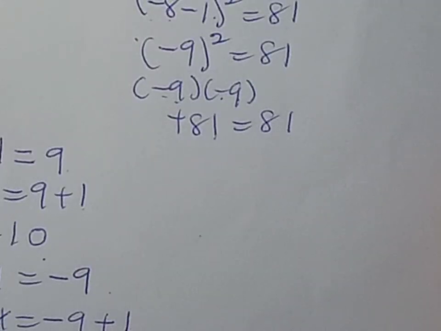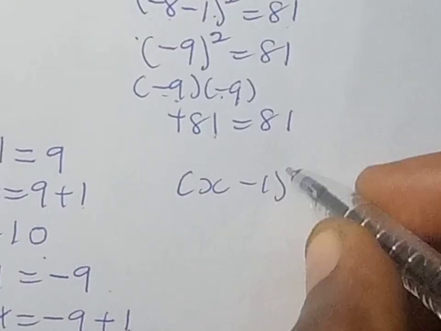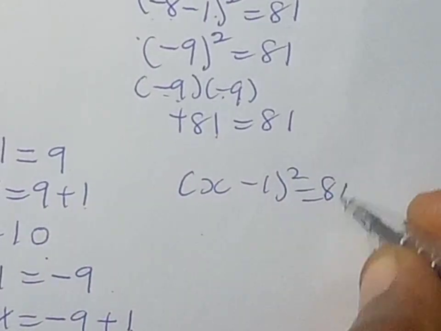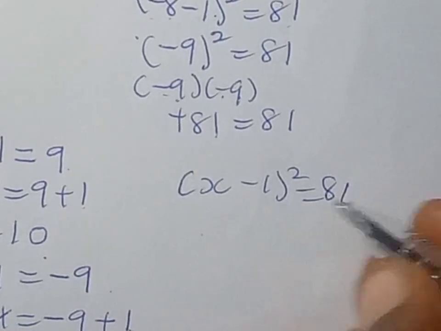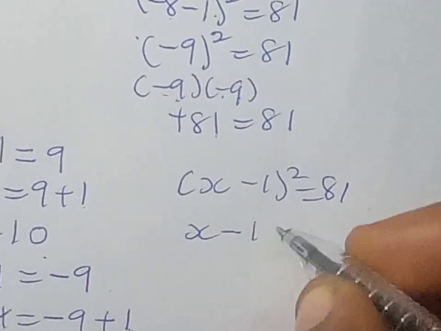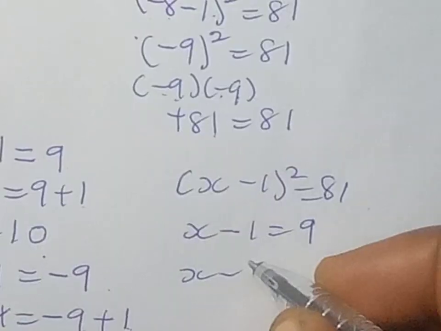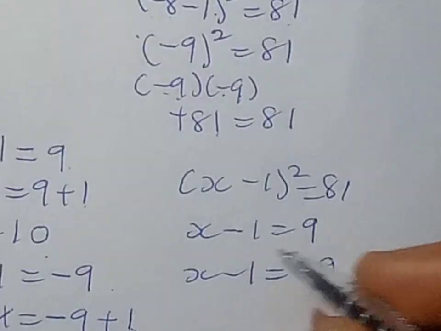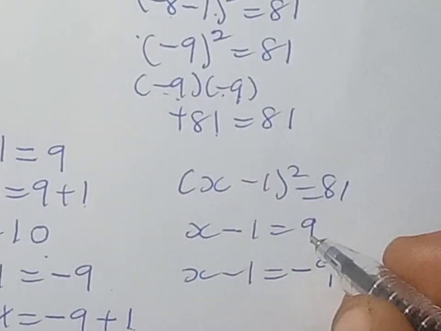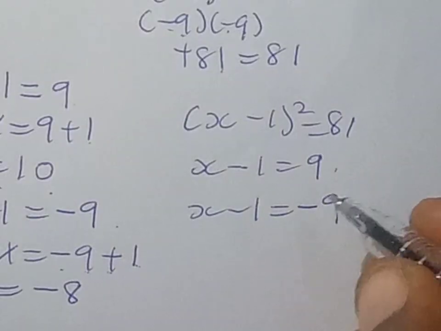Let's quickly look at some common mistakes students make during exams while solving this type of question. The first mistake is many students stop after writing x − 1 = 9 and completely forget that x − 1 also equals −9, because by the time they solve this, they will arrive at x = 10, which is only half of the answer.